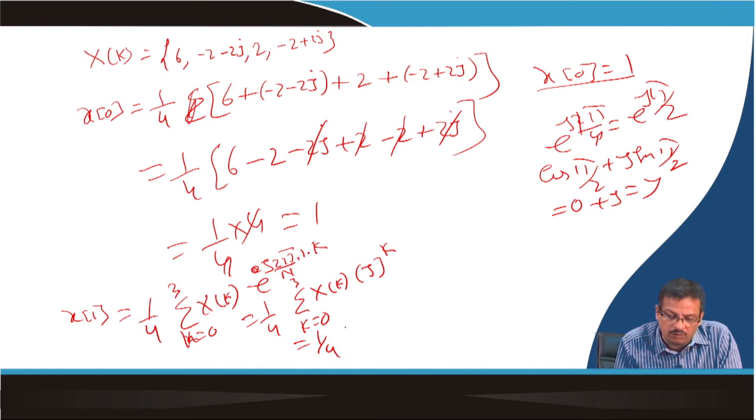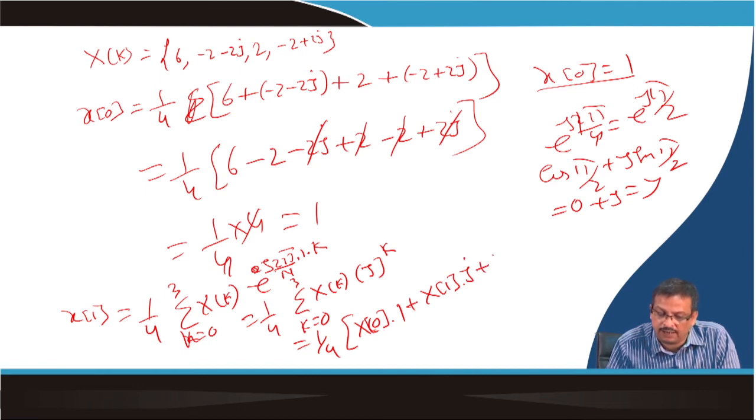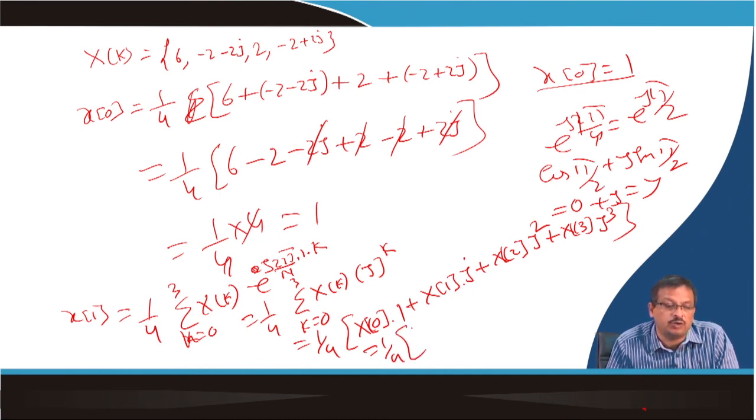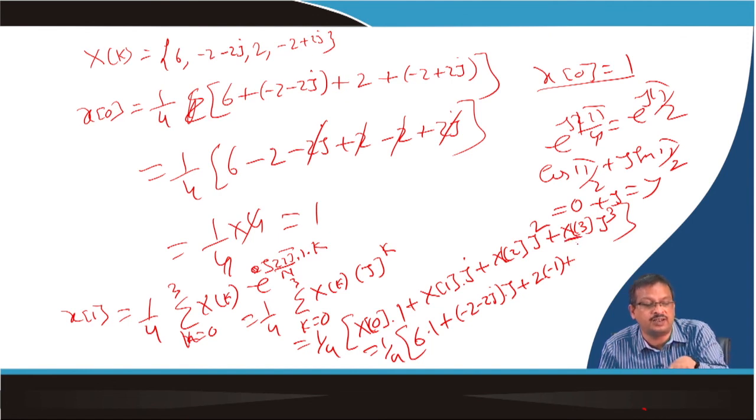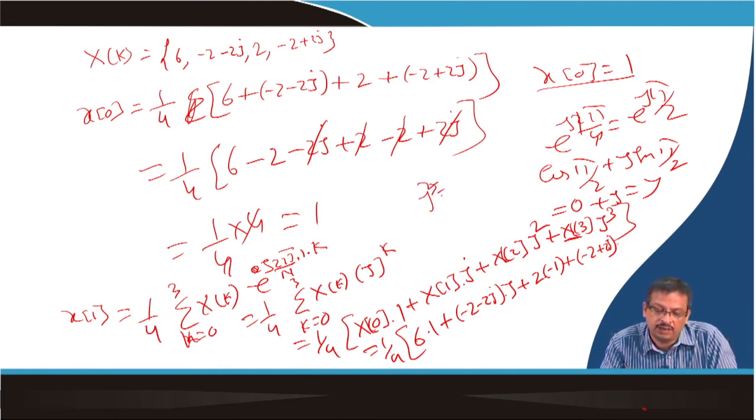So I can say 1 by 4, X[0] into 1 plus X[1] into j to the power 1, into j, plus X[2] into j square, plus X[3] into j cube. So 1 by 4, X[0] is 6, into 1, plus X[1] is minus 2 minus 2j, into j, plus X[2] is minus 2, j square is minus 1, plus X[3] is minus 2 plus 2j, into j cube. j cube means j square into j.